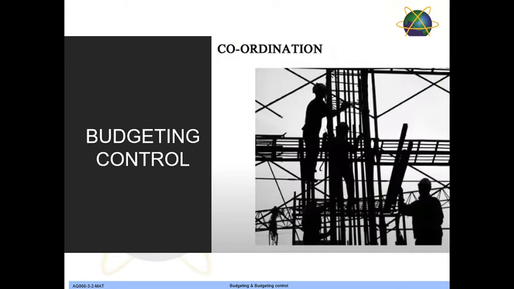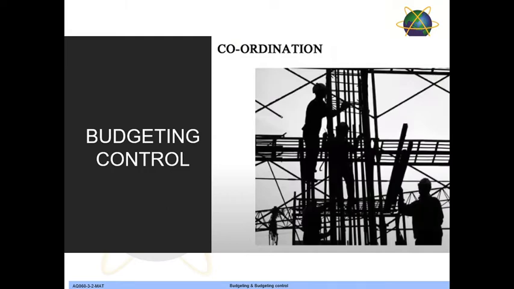Then the second advantage is coordination. The coordination of various executives and subordinates is necessary for achieving the budgeted target. Okay, now you can imagine the situation, right? We have a budget controller and then we have a budget committee. The budget committee is actually the head of each department: finance, what else, sales, production, marketing, and so on.